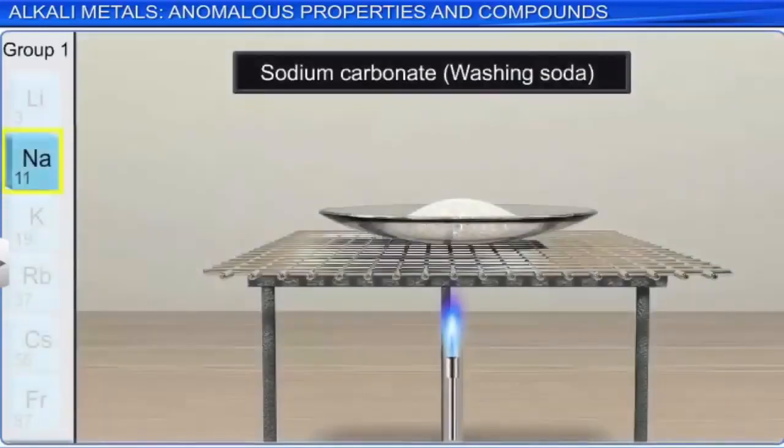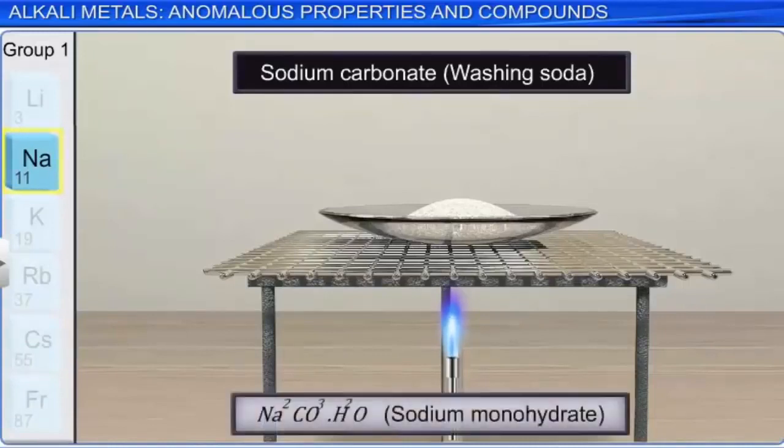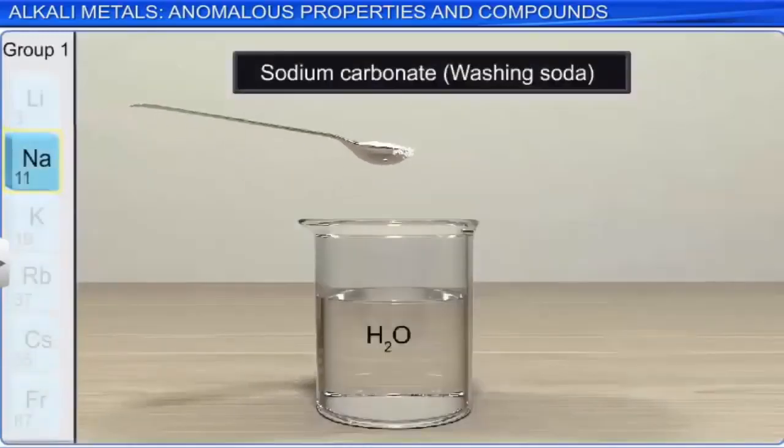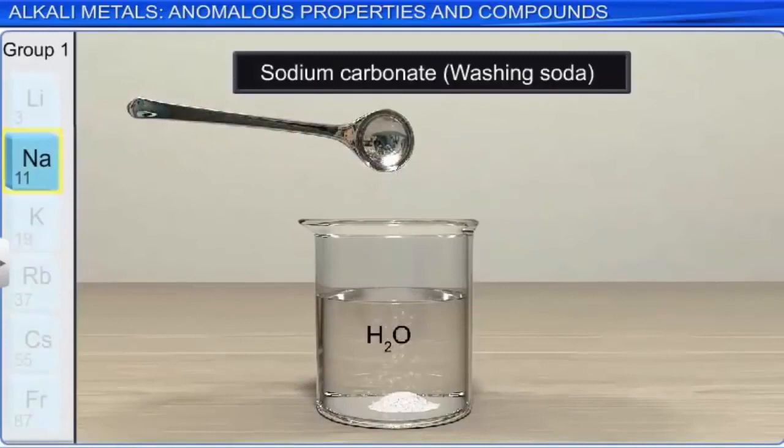When heated, 9 of the water molecules of crystallization are typically removed, forming the monohydrate salt. Sodium carbonate is soluble in water, forming a colorless, clear solution.